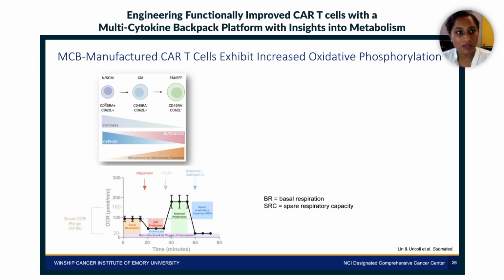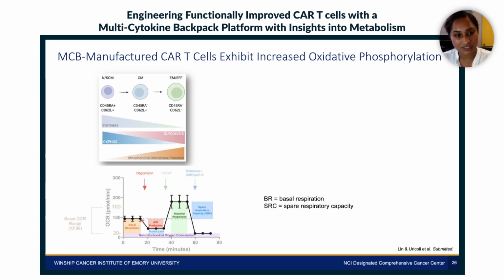And so we wanted to see how our T cell products were faring. In order to do this, we used a Seahorse assay, which looks at basal respiration and spare respiratory capacity. And so this diagram here shows the different things that are measured by a Seahorse.